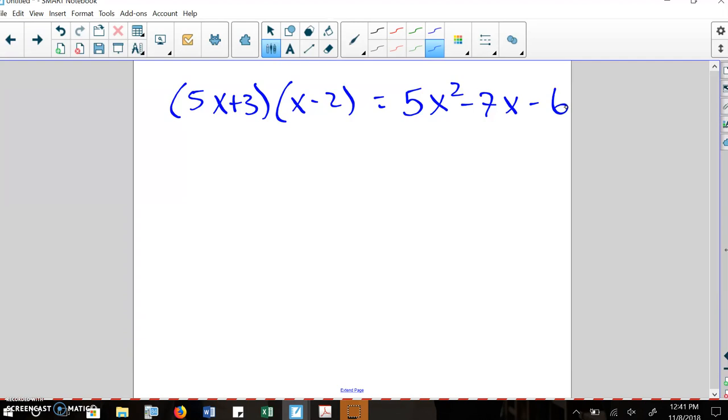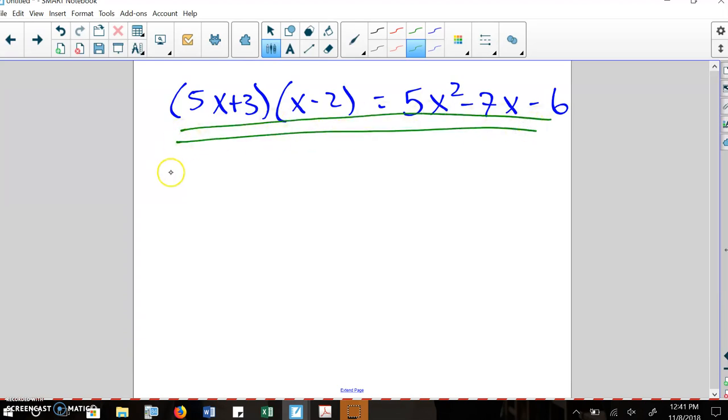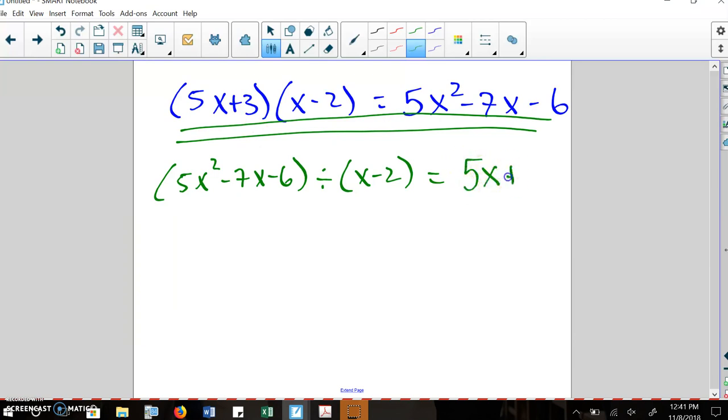But if you wanted to think about this in reverse, my question for today is, if this is a true statement, then what is 5x squared minus 7x minus 6 divided by x minus 2? Well, if the first thing we did was a true statement, then if I divide these, I should get 5x plus 3.